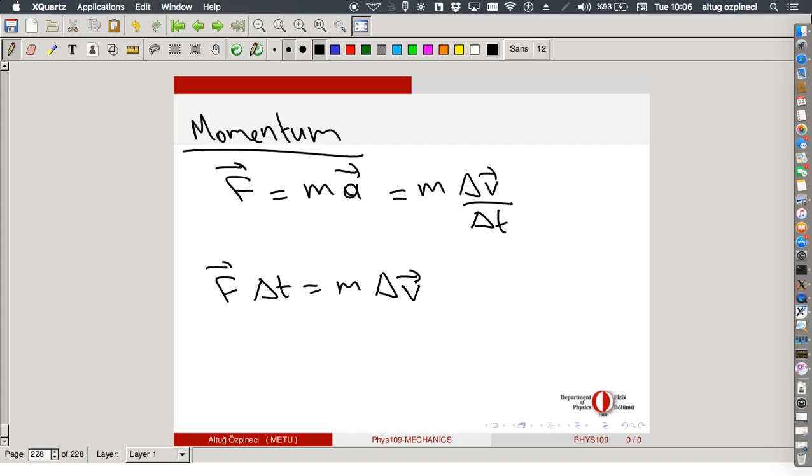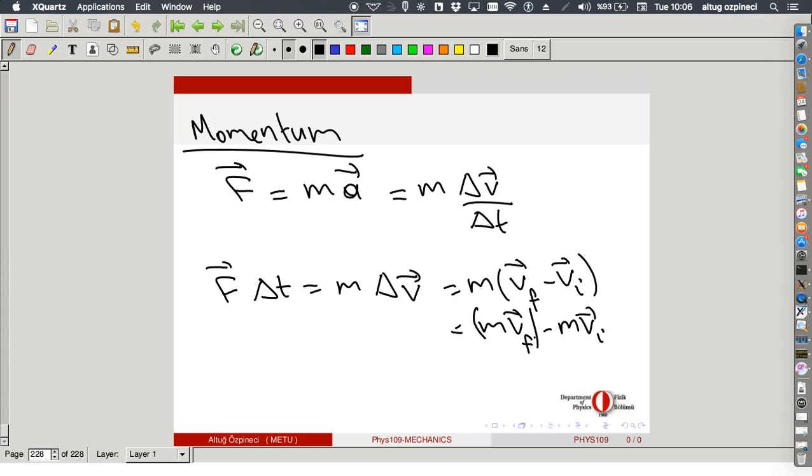So what this means is we exert a force on an object for a length delta t. In that case, of course, the velocity of the object will change, and this F times delta t is related to the change in the velocity of the object times the mass, which we can write as m times v final minus v initial, or mv final minus mv initial.